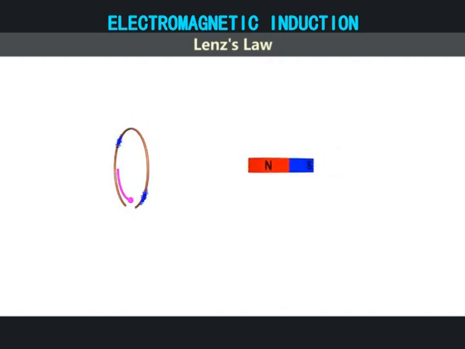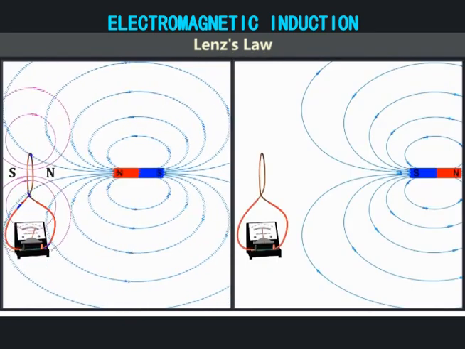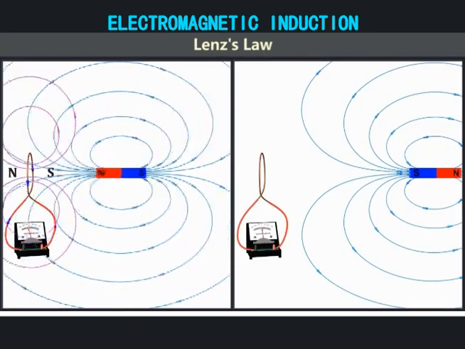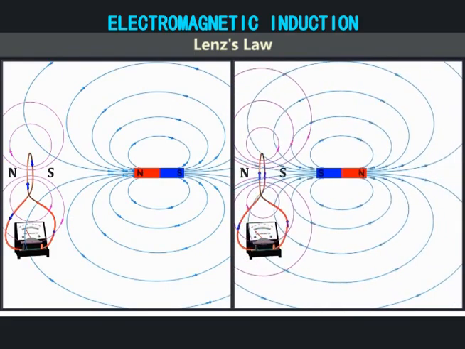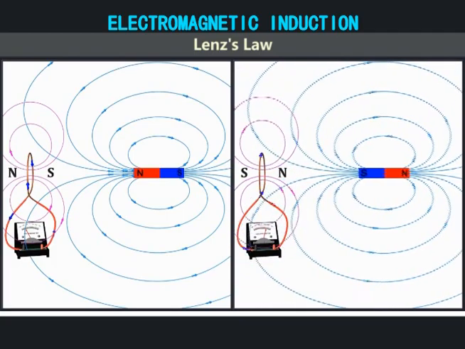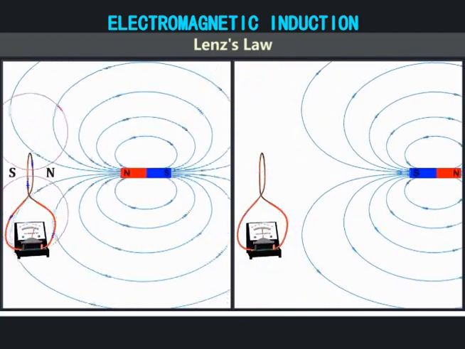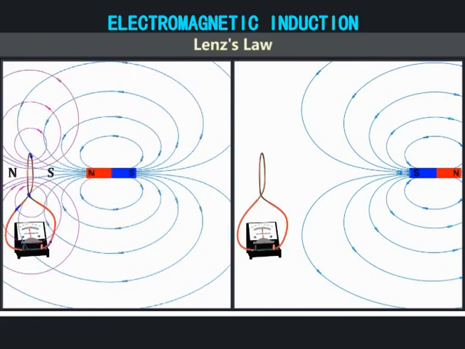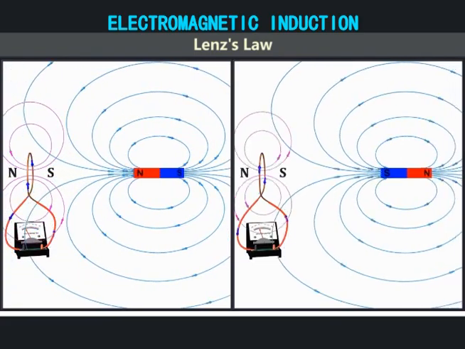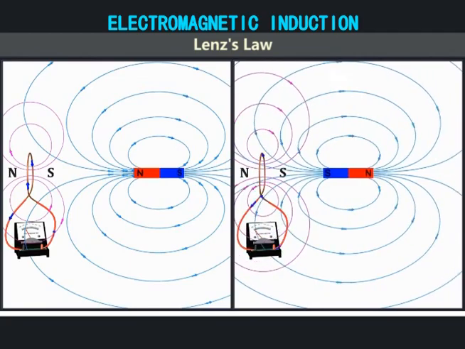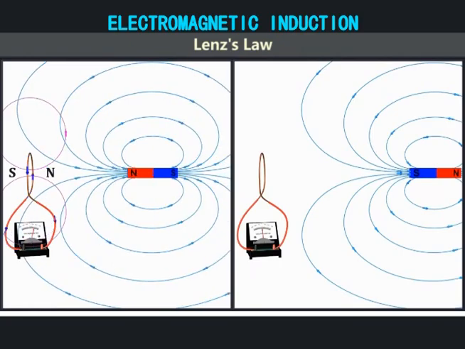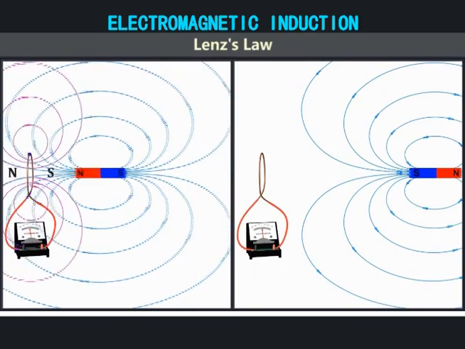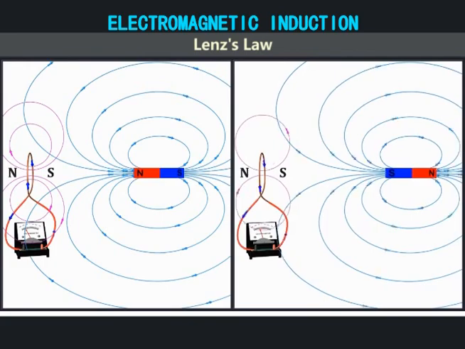So if we induce current in a conductor, at that very instant when the current flows, that conductor also creates a magnetic field around itself. And so at that instant, when the current is induced, we shall have two magnetic fields, one from our bar magnet and the other from the conductor. That makes sense now, right? Good. The interaction of these two magnetic fields is the basis of Lenz's law.